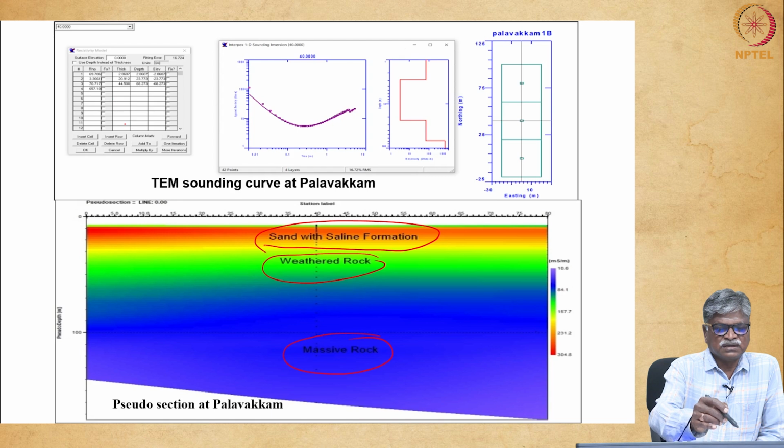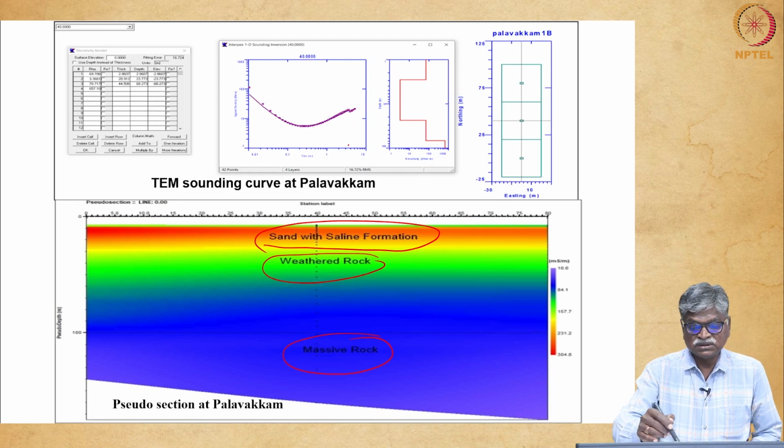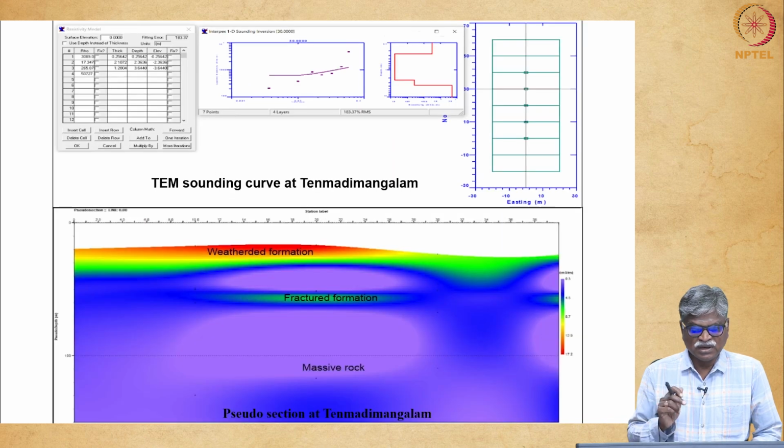Whatever layers are there, the individual resistivity and individual thickness you will get, and the total depth also. This type of curves, resistivity versus depth, you will get. This is also in the coastal area.